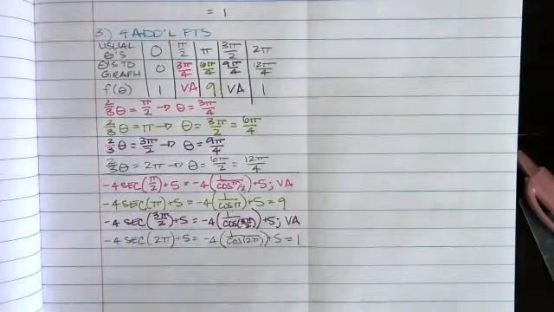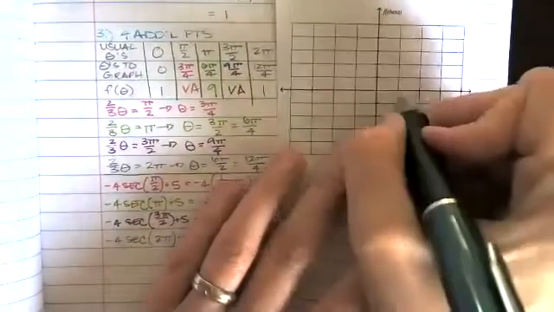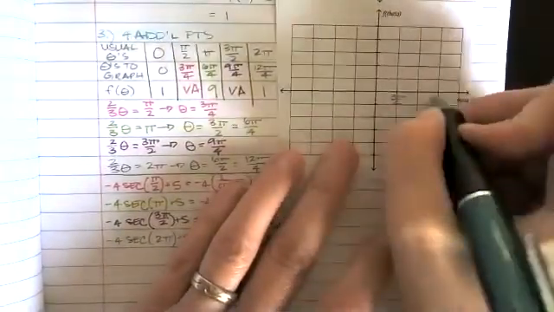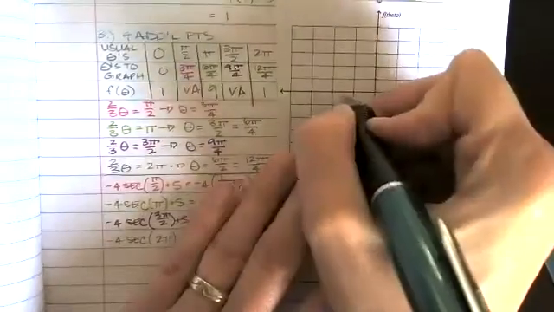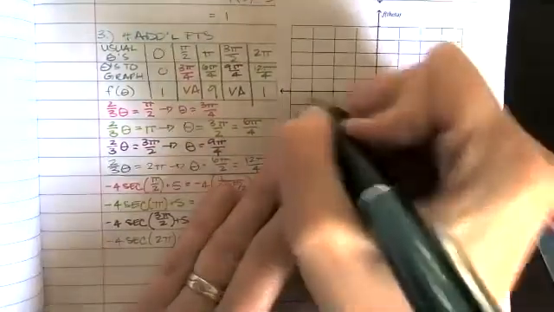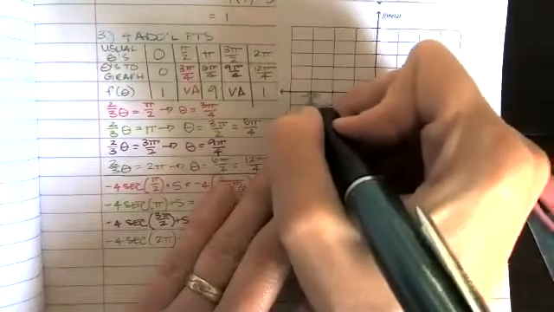Okay, so we will set up our graph. Should we count by 3 pi over 4? Will that do it? 3, 6, 9, 12, yeah, that should do it. So 3 pi over 4, 6 pi over 4, 9 pi over 4, and negative 9 pi over 4.